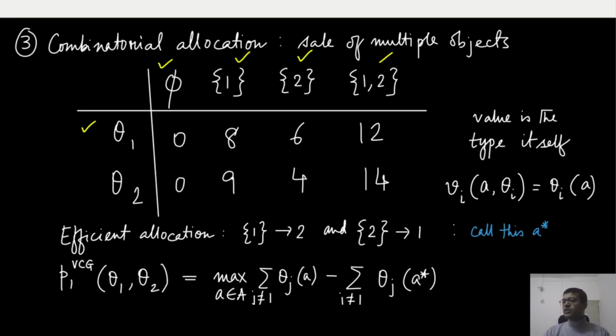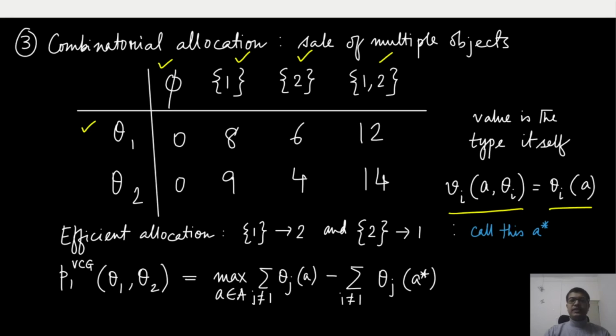We are just using this shorthand notation to denote the valuation under a certain allocation when the type is theta i. This shorthand can be used because this is very simple: there is a specific number associated with every individual and an allocation. Now we are going to apply the VCG mechanism on it, and the first step is to find the allocation.